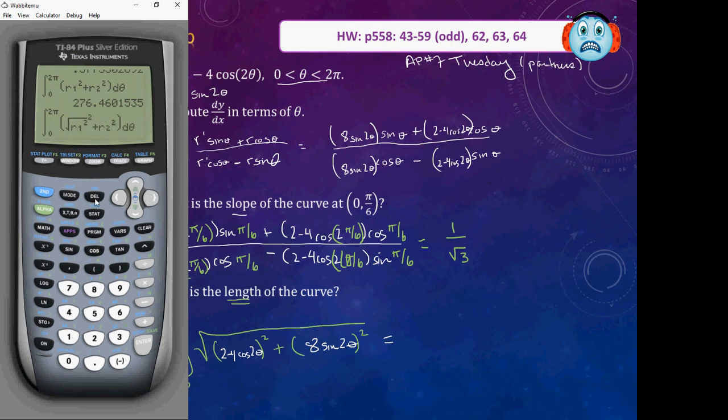I should just start it again, right? Squared. Get rid of the plus. And hopefully now it comes up with the number I have in my notes.